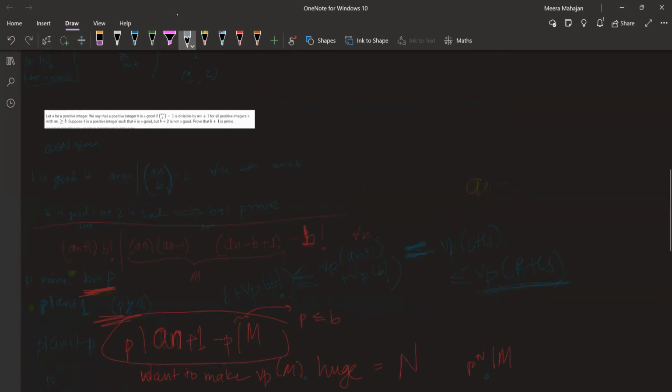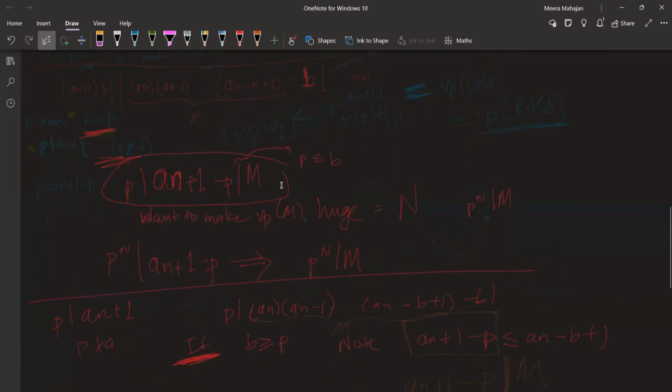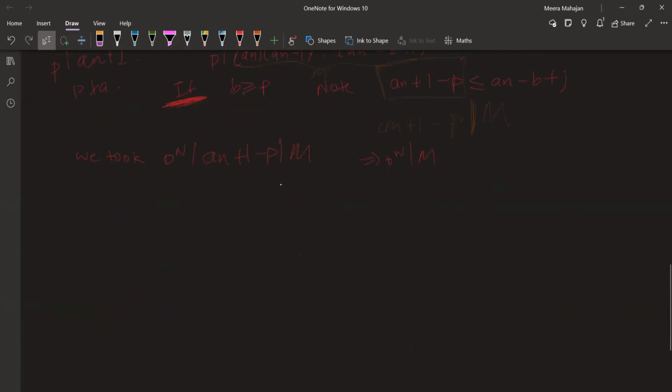And now go back to this equation that we have. I'll just call this equation star. The star equation says that AN plus 1 times B factorial divides M minus B factorial. And now compare VP on both sides.